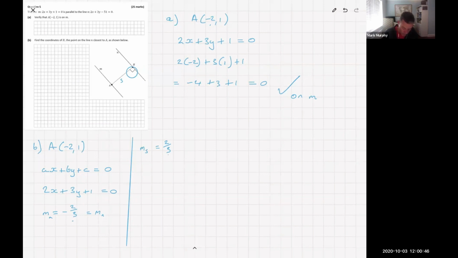Okay? Now let's go back to the general equation of the line. So we have y minus y1 is equal to m. That's not the general, that's the second format we wrote down.